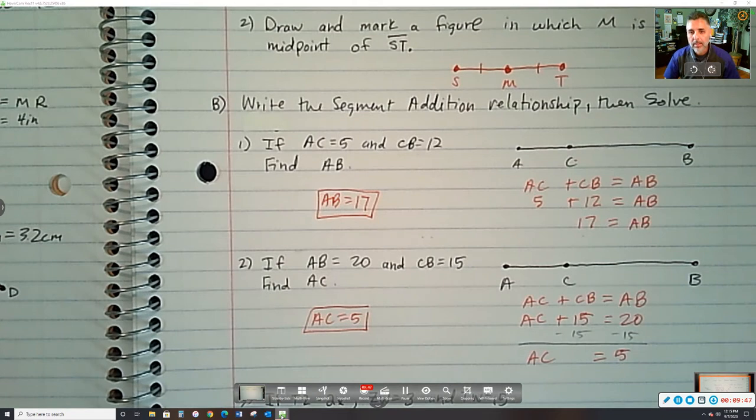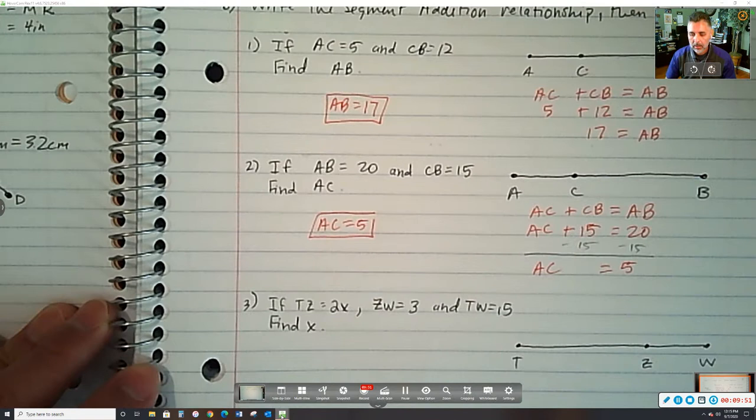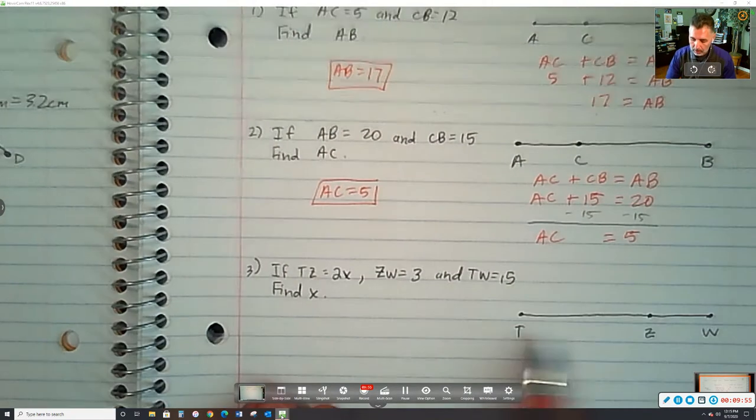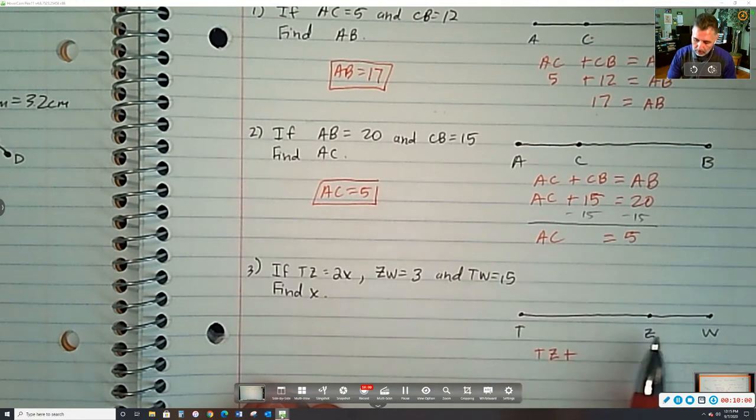And then the last example I have, same idea, although it involves a little bit more algebra. So I'm going to write TZ plus ZW equals the entire thing, TW.